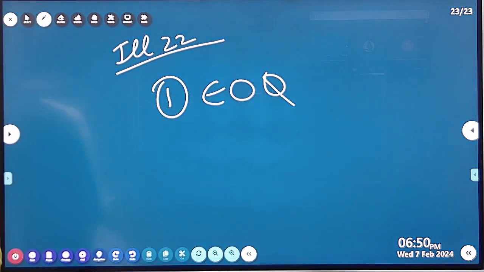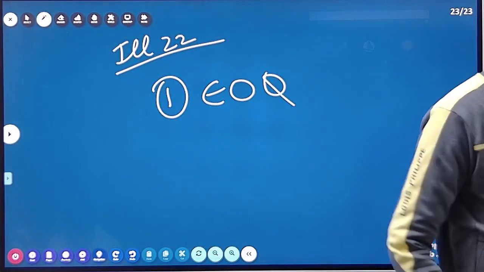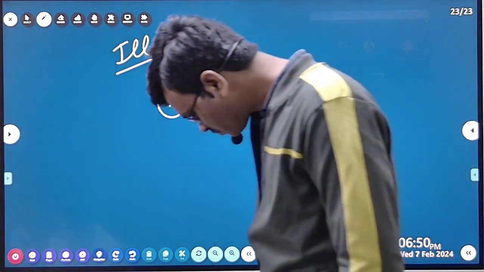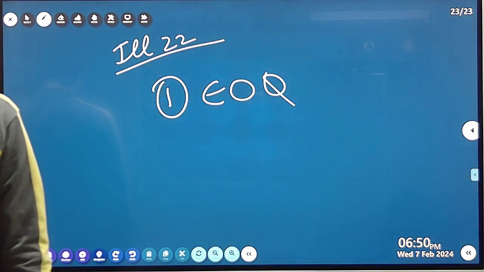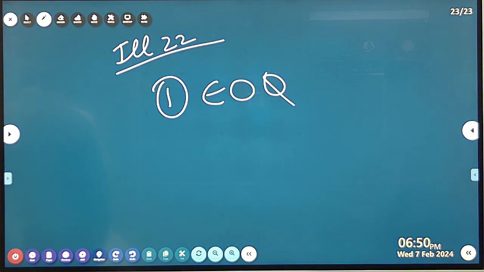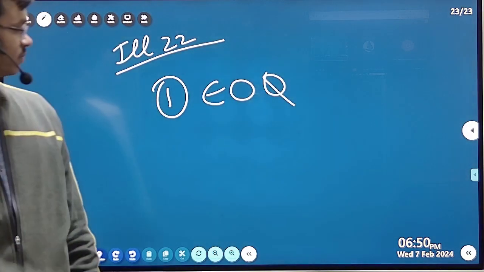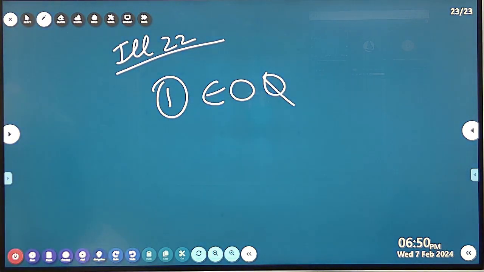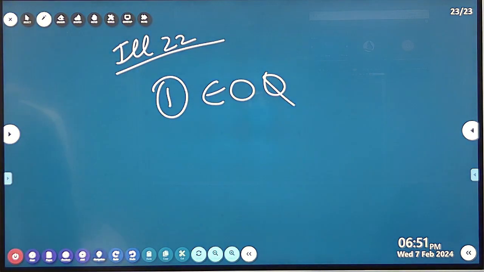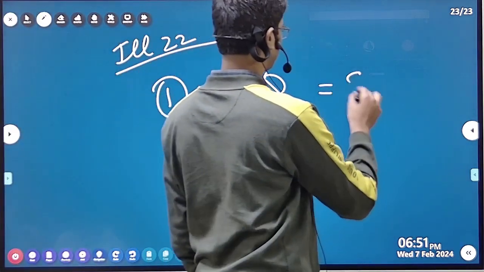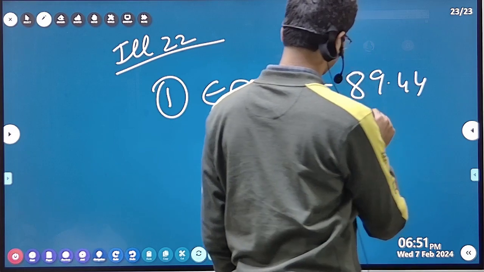Can you solve and tell me? It's matching. 89.44, probably 90. Okay.